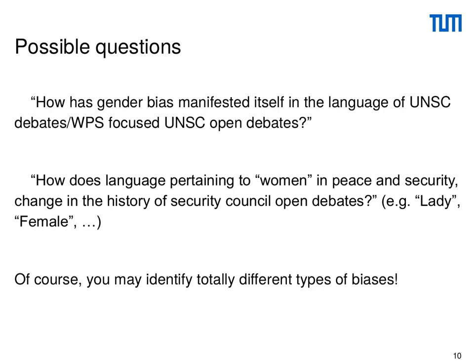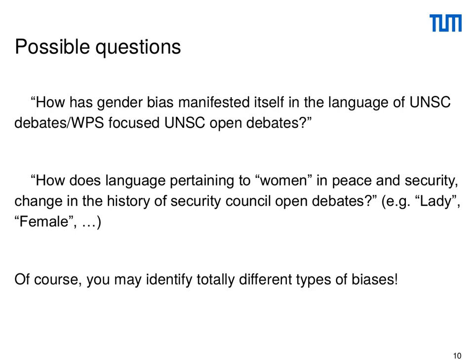So you could measure, for example, do different terms emerge, in what contexts are certain words used, things like this. But of course, these are just examples. Of course, you may identify totally different types of biases. Remember, biases can be for or against something concrete or something abstract, like thoughts, opinions, social groups, and so on.